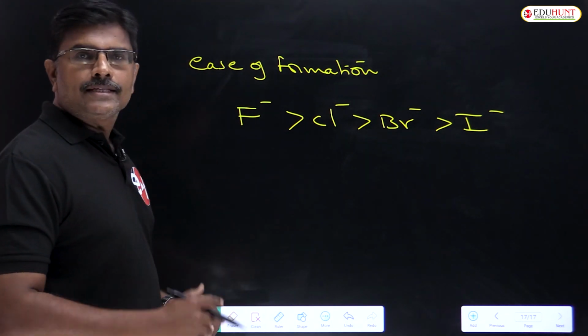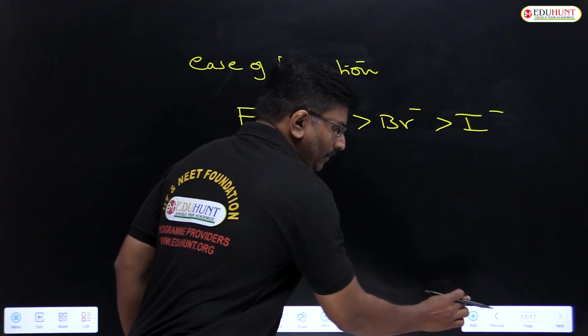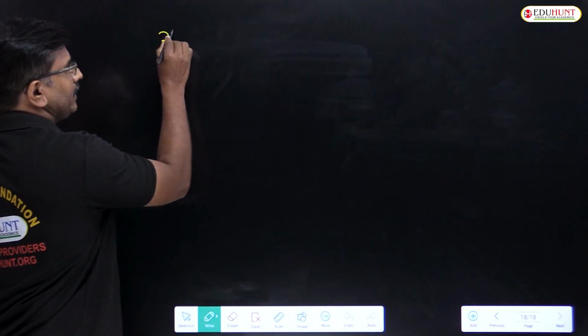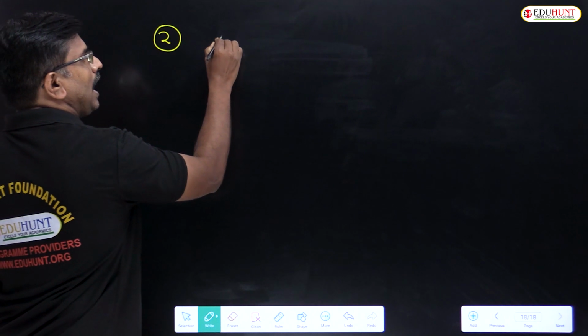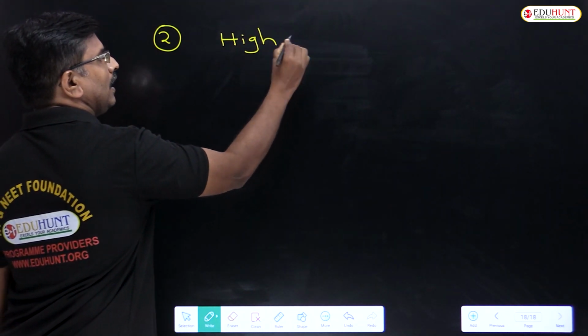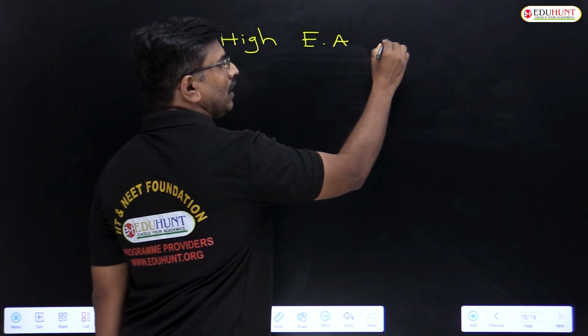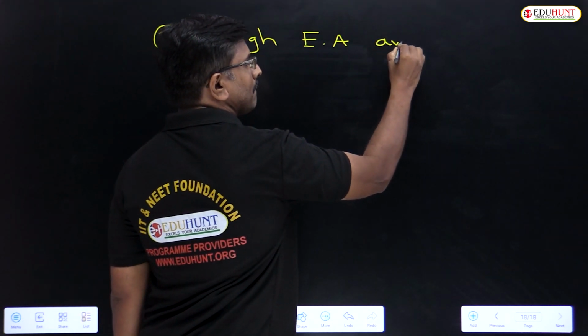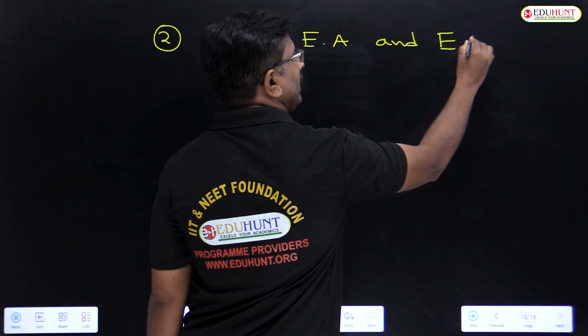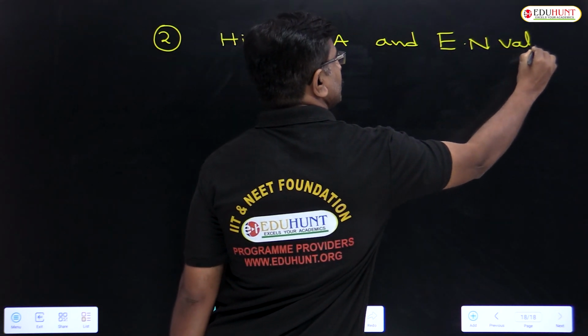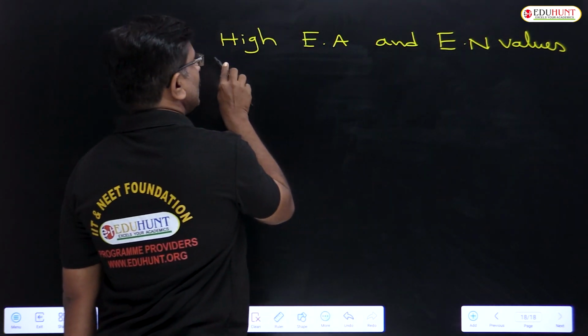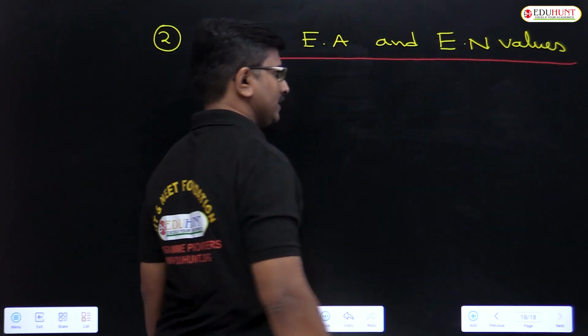Let us move to the second factor. The second factor is high electron affinity and electronegativity values. This is also one of the important factors, dear students.